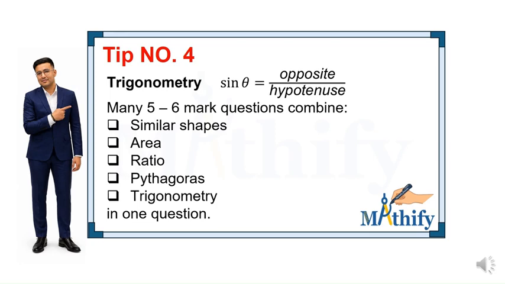All of them can be combined in one question, or you could get 2 different pairs of topics. So you could have Pythagoras with trigonometry, ratio with area, or similar shapes with ratio.